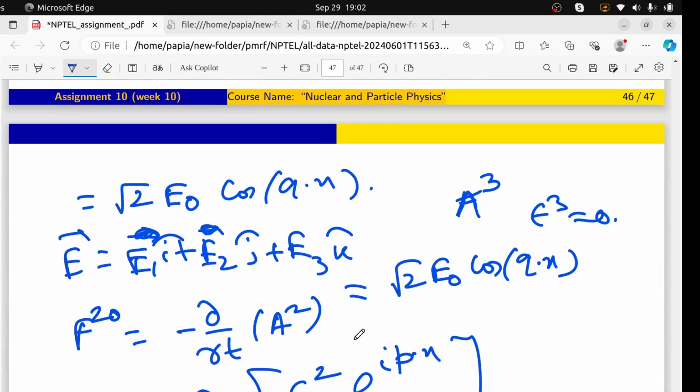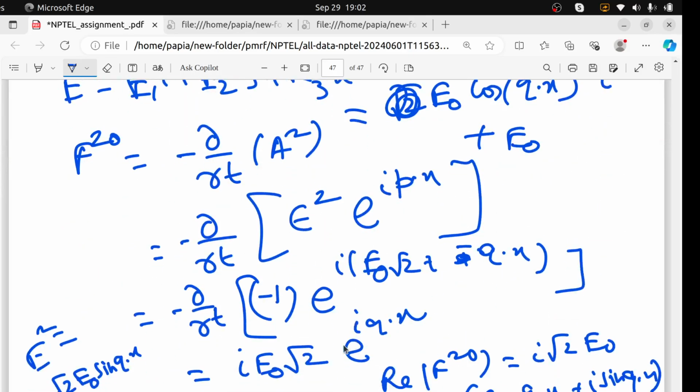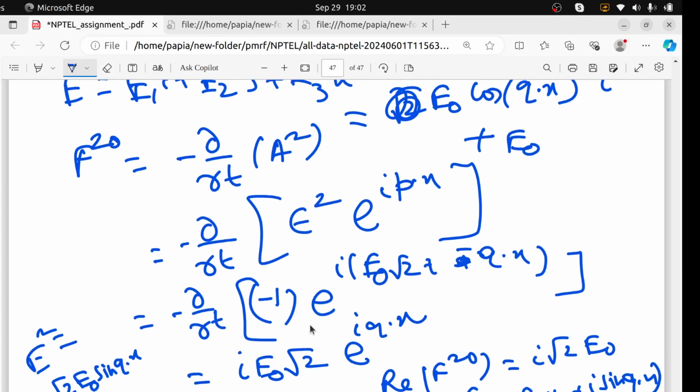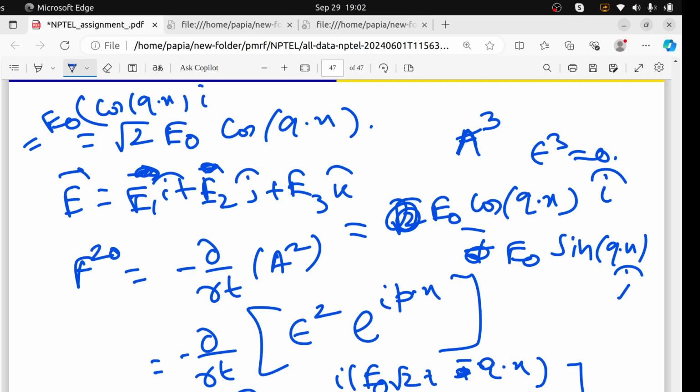So simply, this is E0 cos q dot x I cap plus, okay, minus E0 sin q dot x j cap. So E vector is like E0 cos q dot x I cap minus sin q dot x j cap.